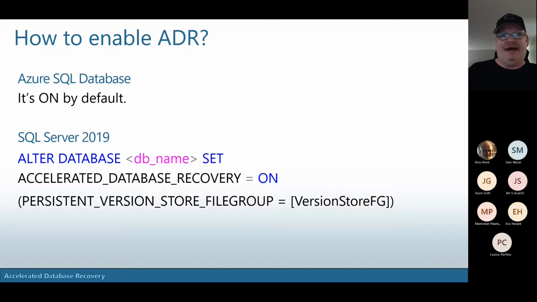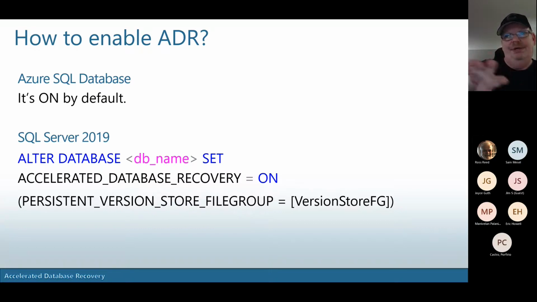If I don't specify where to put it, it will put the persistent version store in my primary file group with the rest of my database, my system objects. It might be a good practice to create a file group on a separate drive, maybe an SSD drive, a fast drive that is just used for the persistent version store.